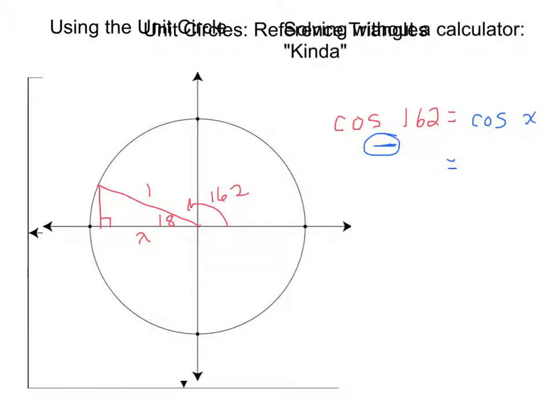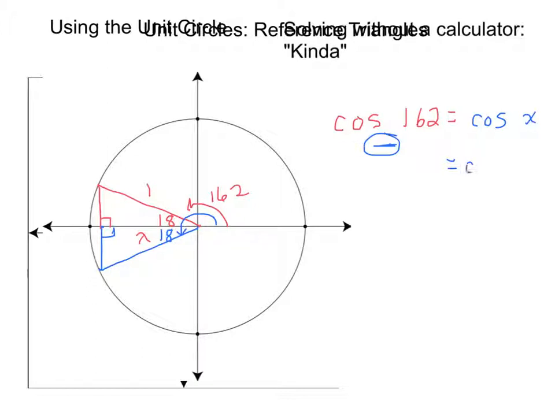What other quadrant gives me a cosine that's negative? Quadrant 3. So I'm just going to draw the same exact triangle reflected down there, and 18 degrees is going to go right there because they're congruent. So what would x be then? What's the other angle that goes all the way around?